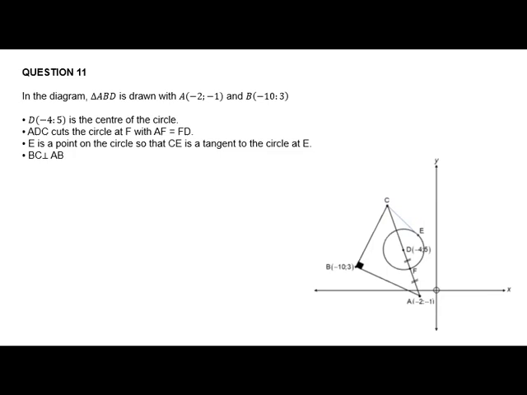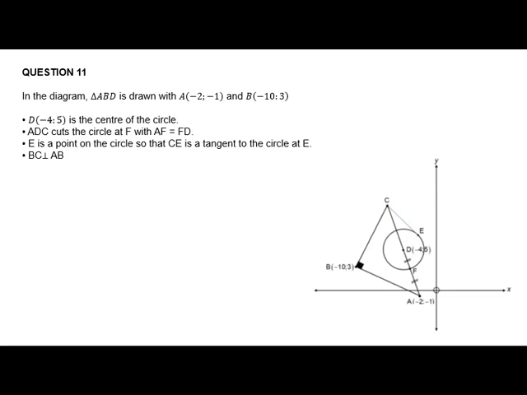ADC cuts the circle at F, and AF is equal to FD. That makes point F the midpoint of AD.